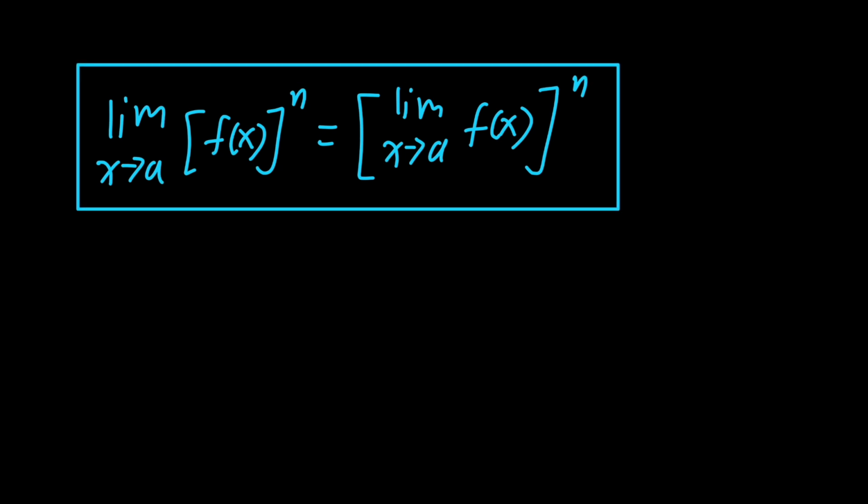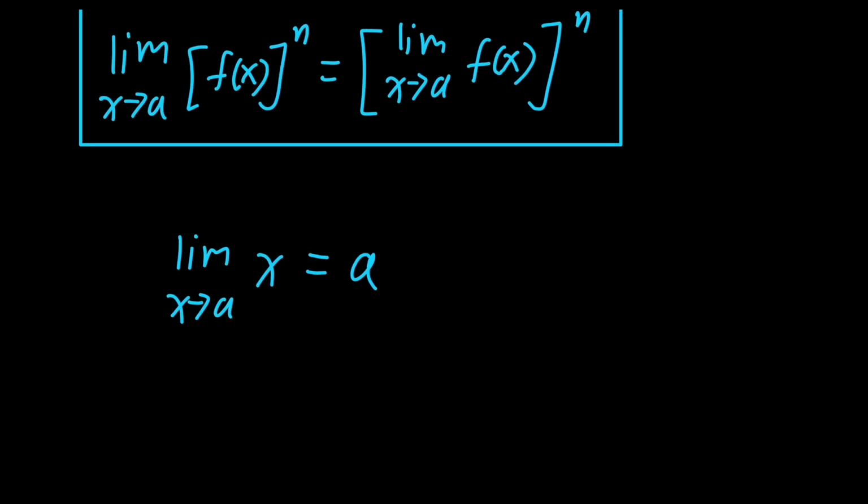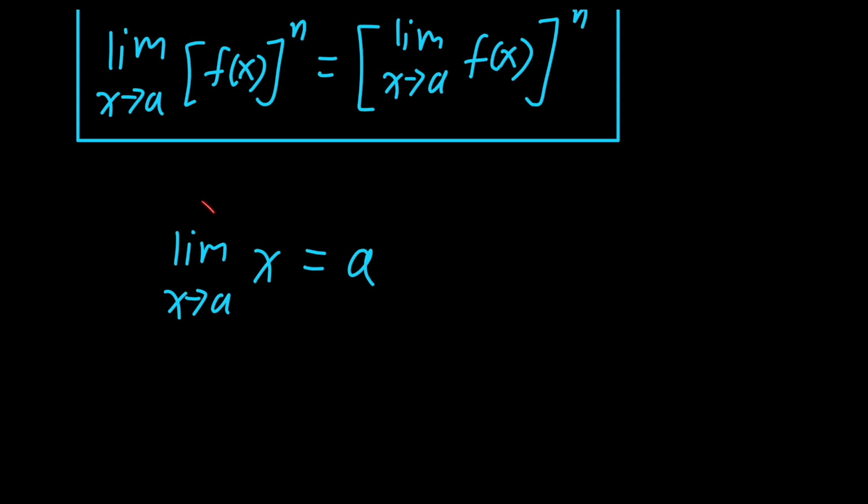Now, in the beginning, we derived why we get the direct substitution rule. The general form of it is just the limit as x approaches a of x equals a. Now, we want to learn more about it. We first consider the limit of x as x approaches a, but this time I want to put the power of n.